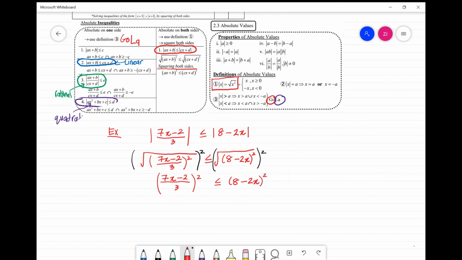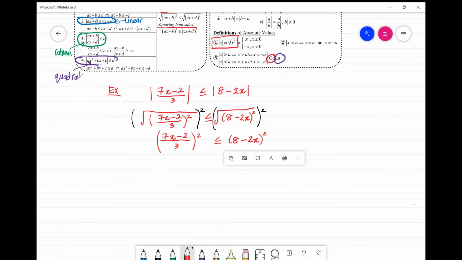So we are going to simply square both sides. We will have (49x squared minus 14x minus 14x, so minus 28x plus 4) over 9 less than or equal to 64 minus 16x minus 16x, minus 32x, plus 4x squared.